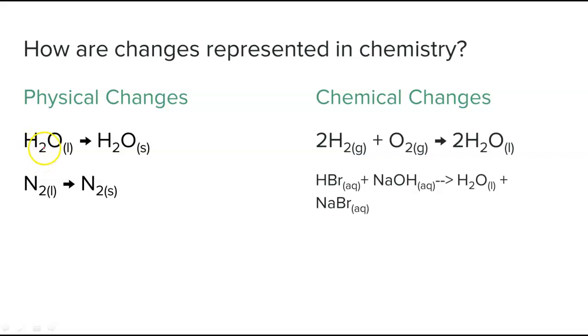So I have H2O on the left-hand side of the arrow, and then I have H2O on the right side. And that's the case for the second one also: N2 on the left side and N2 on the right side. So we can say that you start with the same chemical as you end.